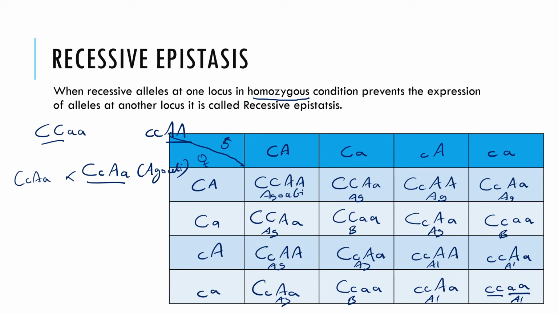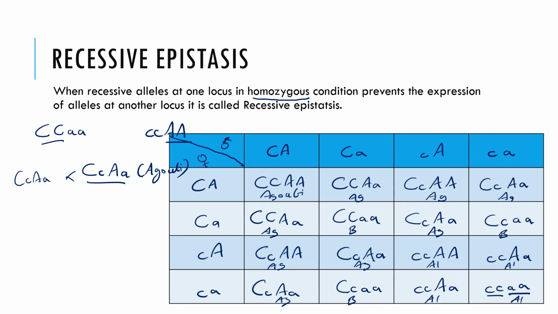Now what happens here is that the gene responsible for coat color, even in the homozygous recessive condition, will mask the expression of the gene responsible for black color.